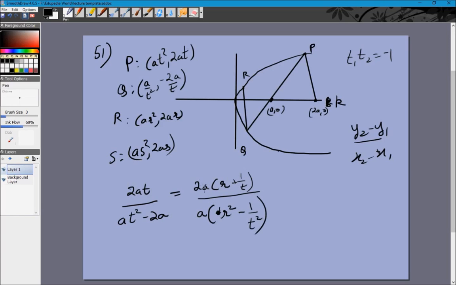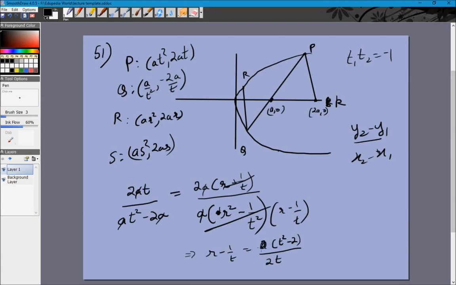From that we can just cancel a and a in this direction. We can actually cancel a here as well, and we can just write this as r plus 1 by t into r minus 1 by t. So what we are just left is r minus 1 by t. And the equation we get is r minus 1 by t is equal to 2 times t square minus 2 by 2t.